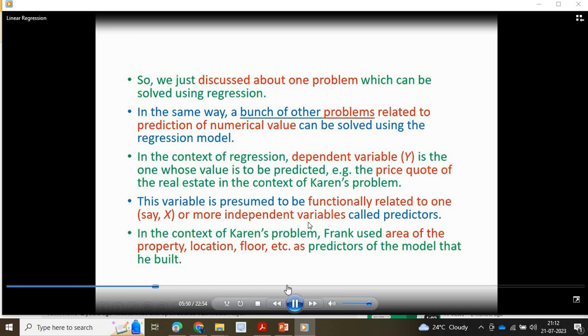They are called predictors. In the current problem, the price of the real estate is y, and predictors are area of the property, location, floor, and amenities available in the property. They are all the independent variables. They become predictors of the model.